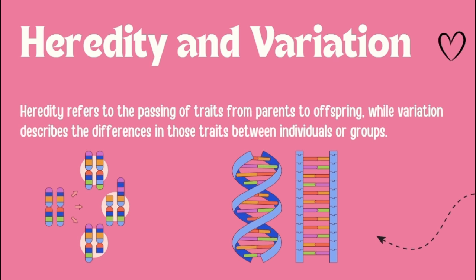It makes them less susceptible to diseases. It helps them to live longer because they're different and they're able to adapt to the environment differently, right? So that's the main difference between hereditary and variation. But overall, these two concepts help us to understand how traits are passed on from the parents to the offspring.